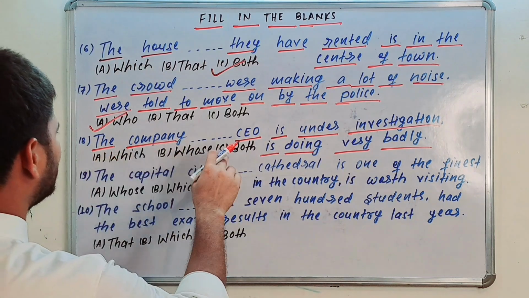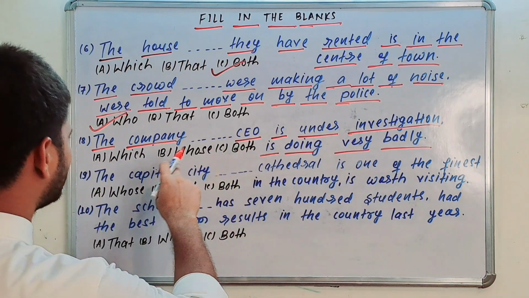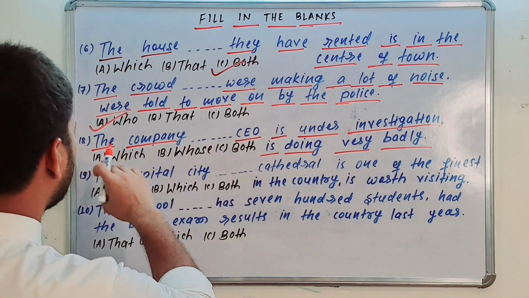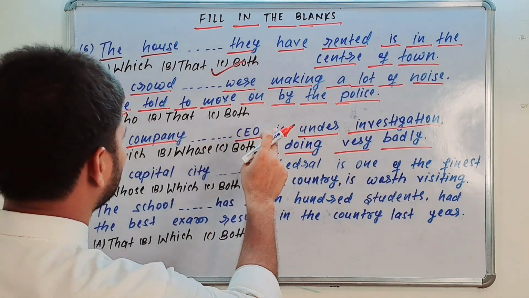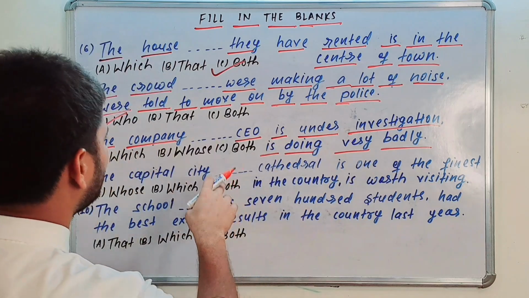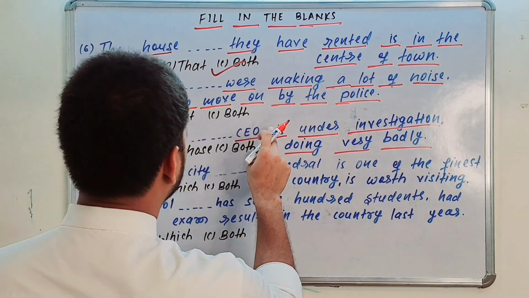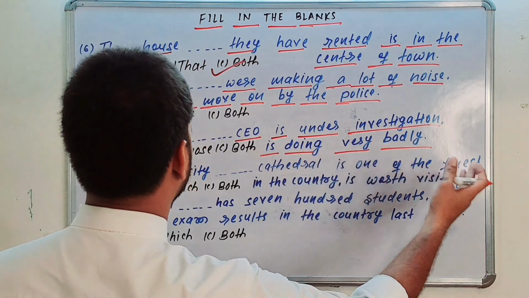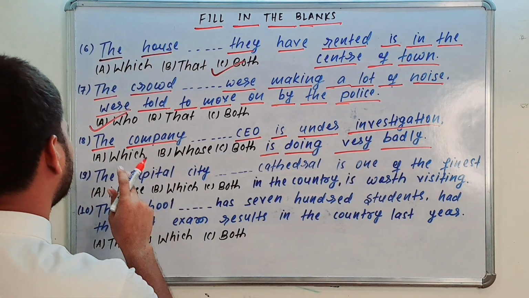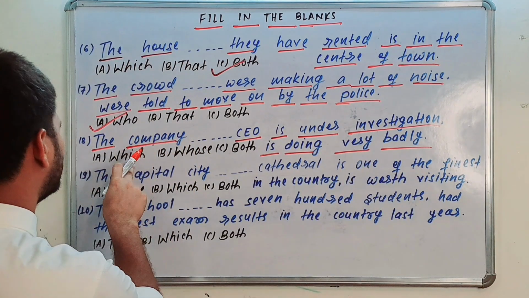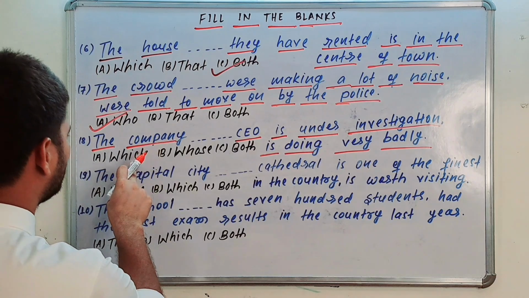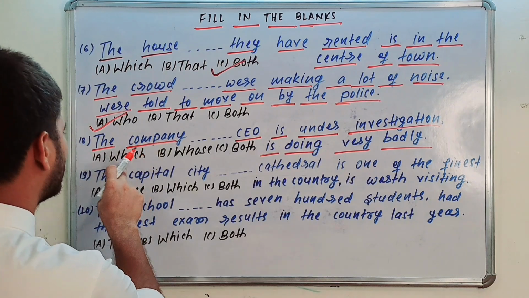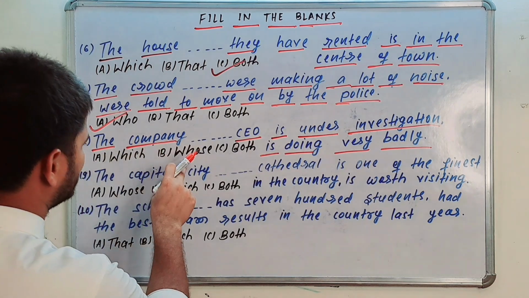So it is very easy to select any one answer from these three options, like the company dash CEO is under investigation, is doing very badly. So here just try to understand which is used for animals, things, or an idea.